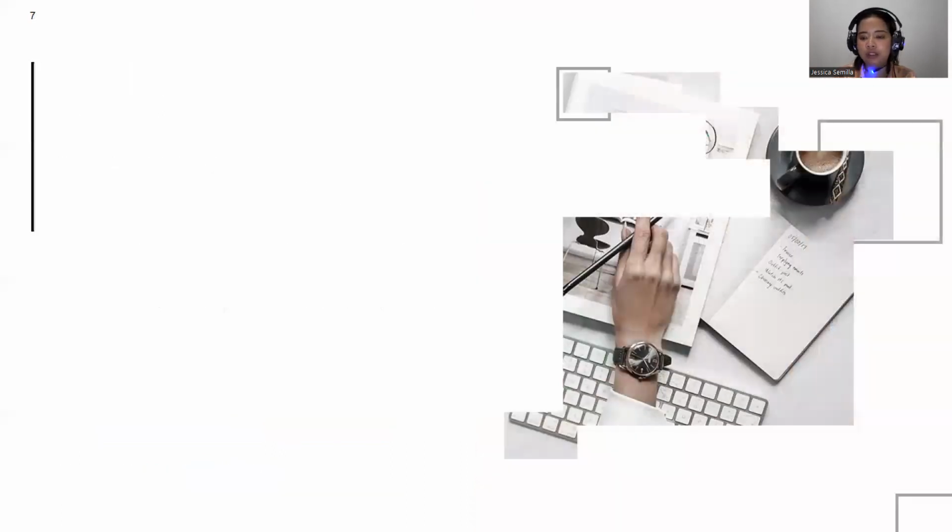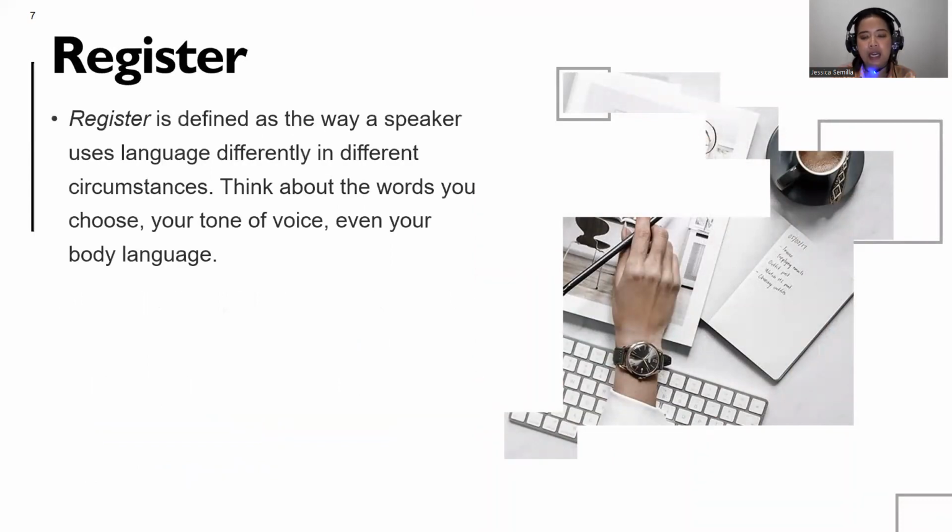So let's move on. The next one is register. We have already defined that one a while ago, but we try to intensify the meaning. So again, when we talk about register, this is defined as the way a speaker uses language differently in different circumstances. So again, different types of register vary into the different types of speaking situation.